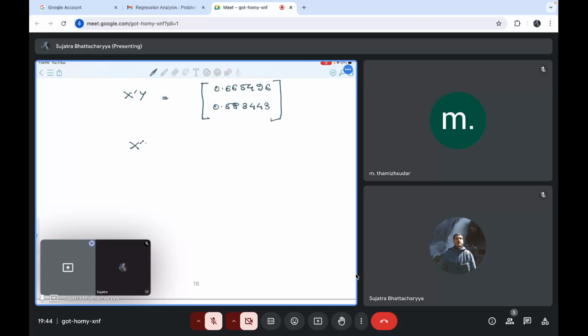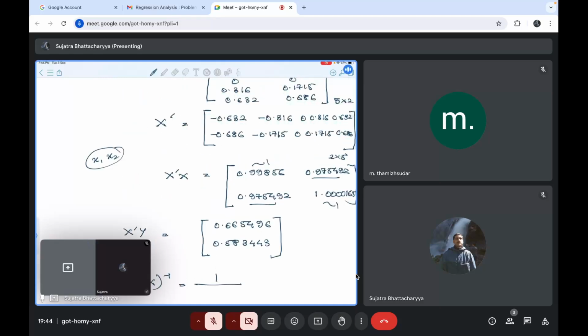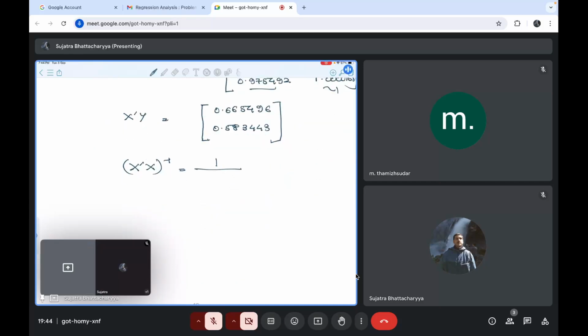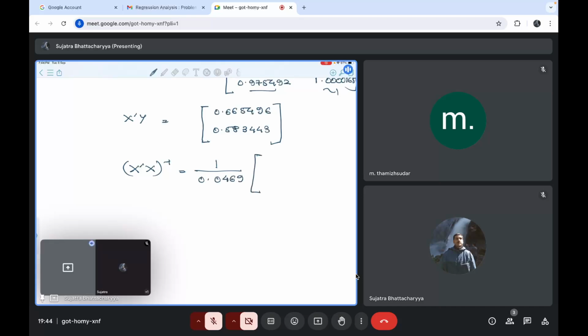So for X prime X inverse, you write the determinant. If you calculate the determinant of this part, it will be just 1 minus 0.975492 square. That comes out to be nearly 0.0469. And the inverse in case of a 2 by 2 matrix is easy.